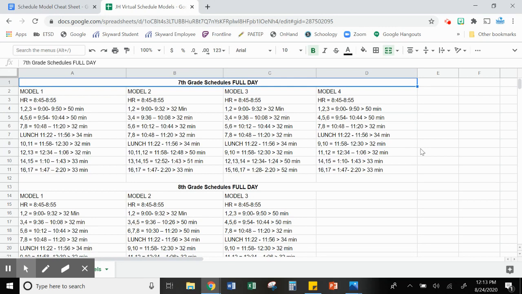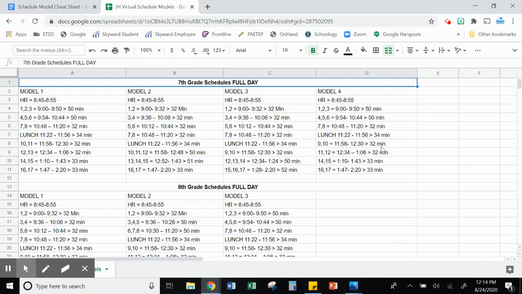With that said, on your Skyward schedule, which is what you'll be using here today to find out what model you will follow, you will notice that your lunch period is either period 9, period 11, or period 13. As we go through this process, you'll see that depending on what model you will follow, one of those periods will actually be omitted from your schedule.